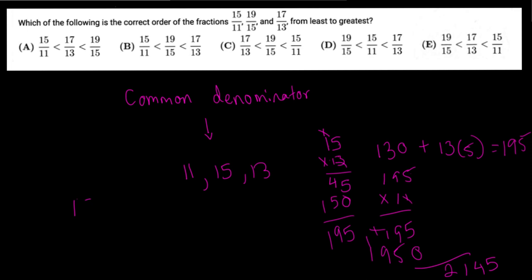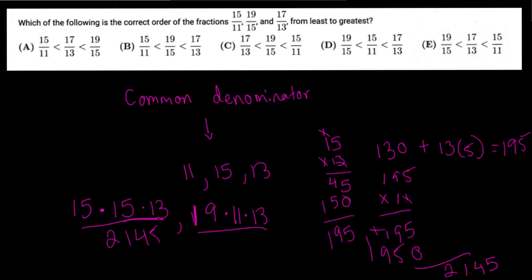You would need to multiply 15 times 15 times 13 over 2145, and then 19 times 11 times 13 over 2145, because you want to get each one in terms of that number.